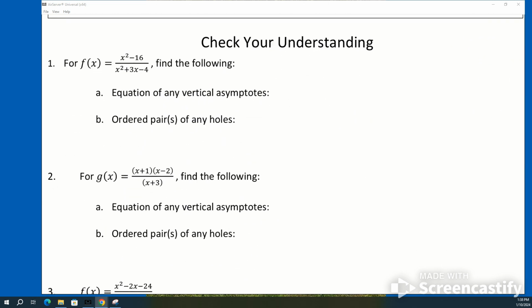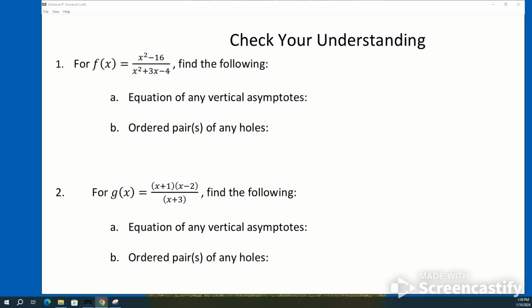Okay, so just like yesterday, the first thing we're going to do is start off by factoring the numerator and denominator.